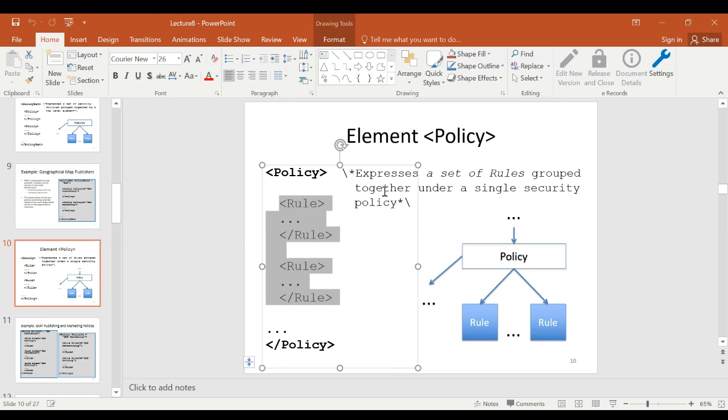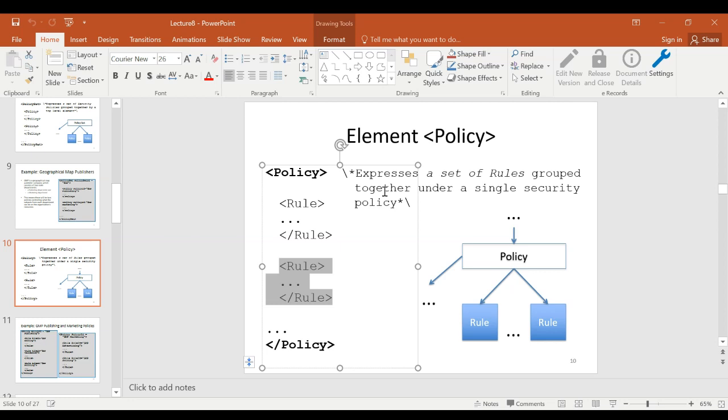It essentially says evaluate these rules sequentially. You start from the first one. If it applies, that's it, you take the decision of that rule. If it doesn't apply, you go to the next one. You evaluate it. If it applies, then you take the decision of that rule. If it doesn't apply, you go to the next one, and so on.